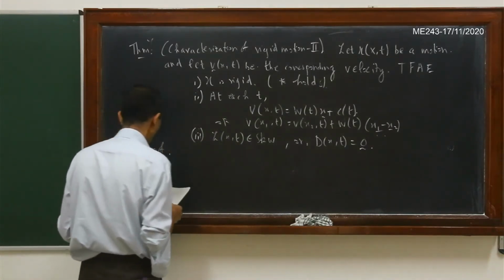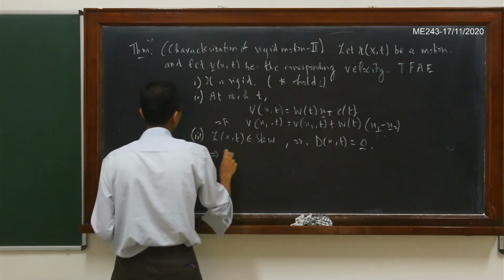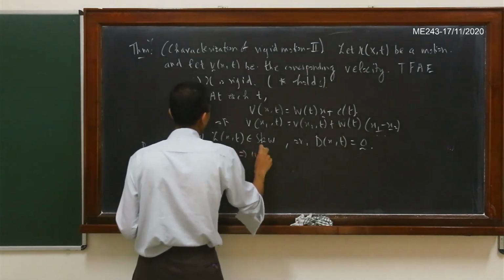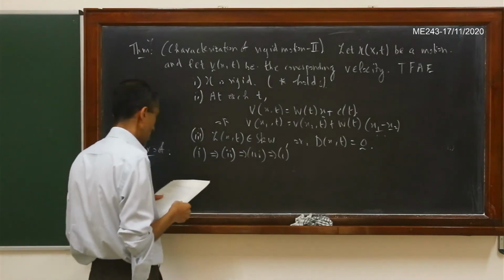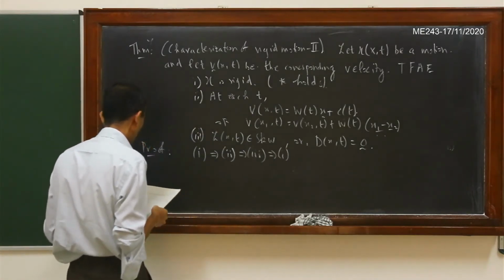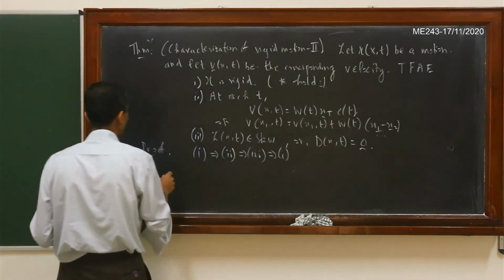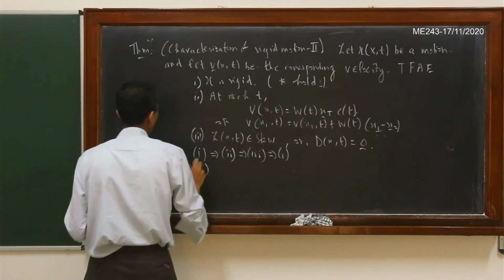We will show that 1 implies 2 implies 3 implies 1. This is the sequence that we will follow here. First let us show that 1 implies 2.